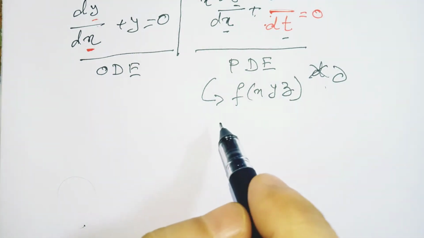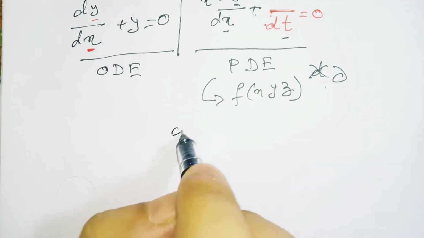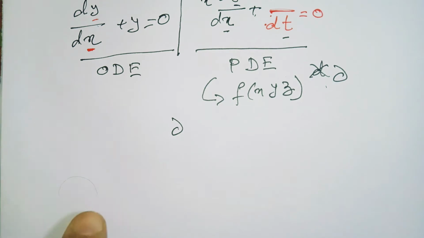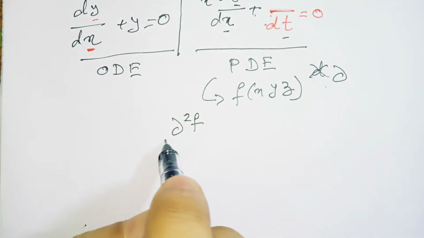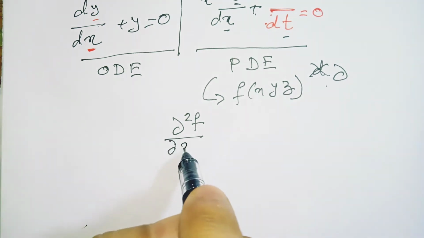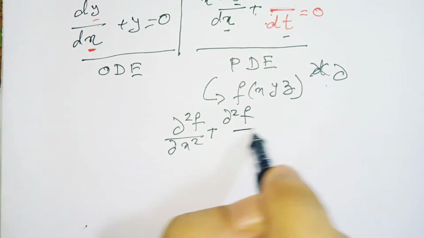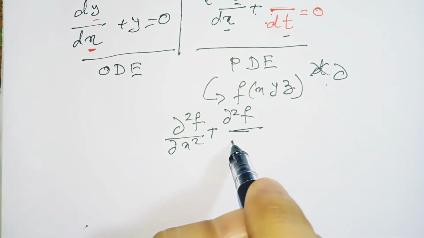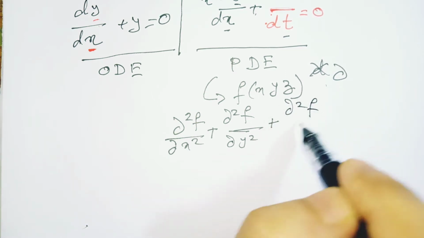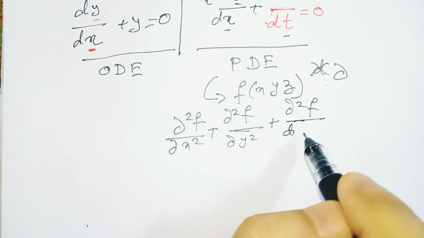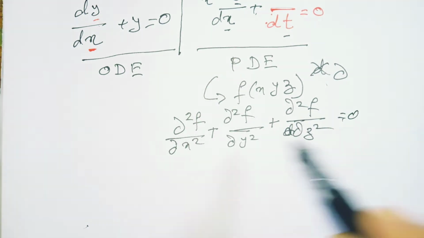So in general, a partial differential equation looks something like this: d squared f divided by dx squared plus d squared f divided by dy squared, and then d squared f divided by dz squared, equals 0.